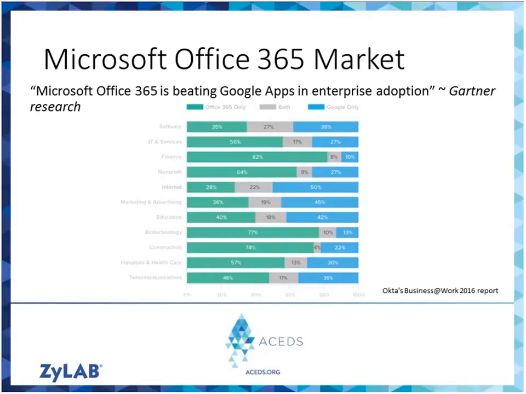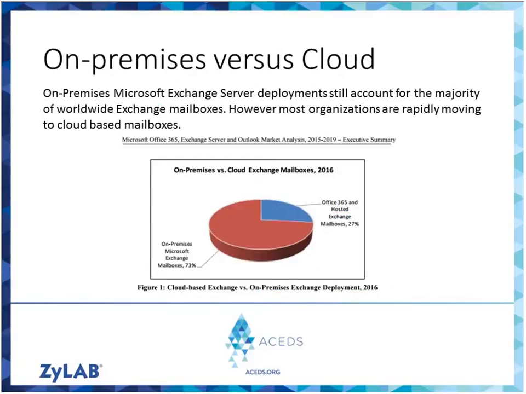For instance, a lot of regulators have approved the Microsoft O365 platform also for sensitive financial information. And we see a great move in the market from on-premises to the Office 365 cloud.